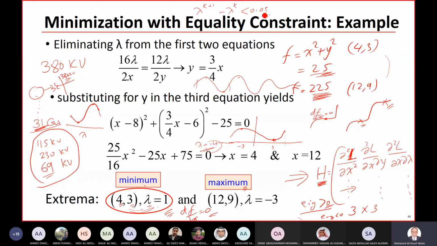So you can reduce this 0.05. That gives you, for example, 10 iterations. If you make it 0.01, this will give you like 50 iterations. If you need a rough solution, you can increase this to reduce the number of iterations. The number of iterations depends on the accuracy level that you have.